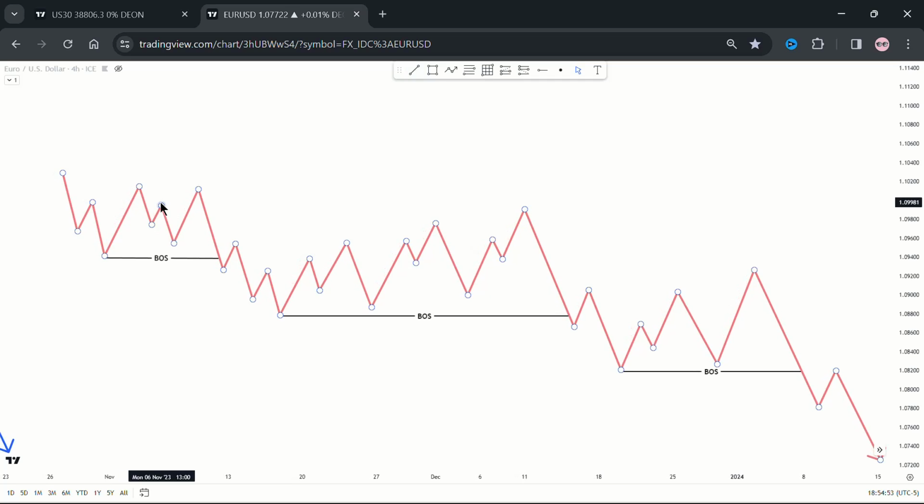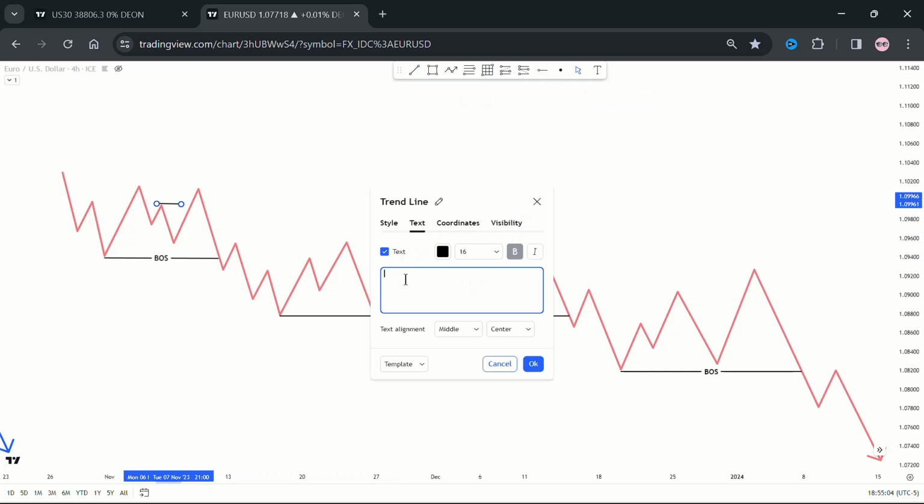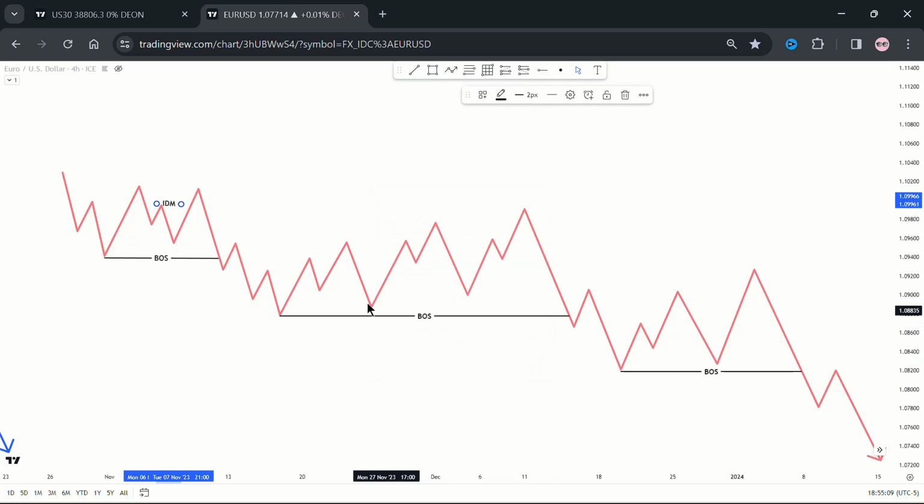Inducement here. Now, if this is your bias time frame, when I say bias time frame, I hope you know what I mean. From that other chart, I said that if your analysis time frame is on the 15-minute chart, then your bias can be the 4-hour chart, even the daily, if you know what you are doing.